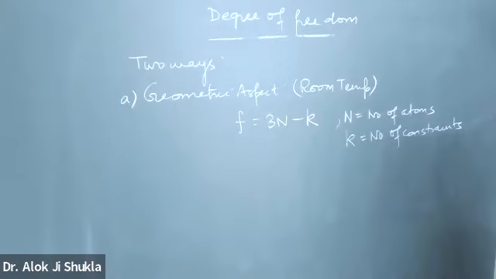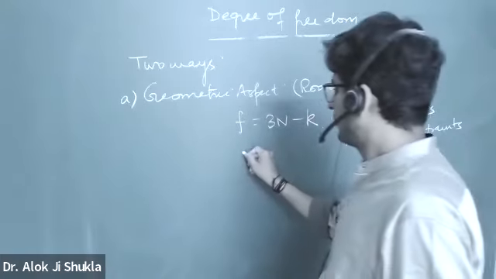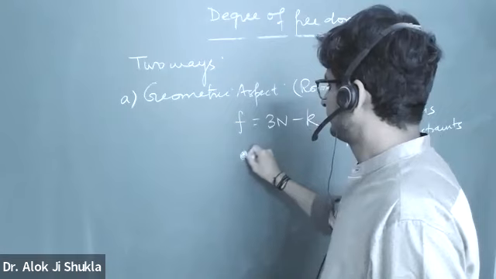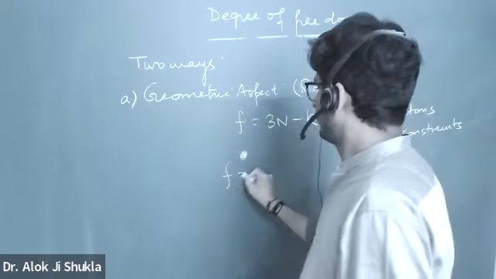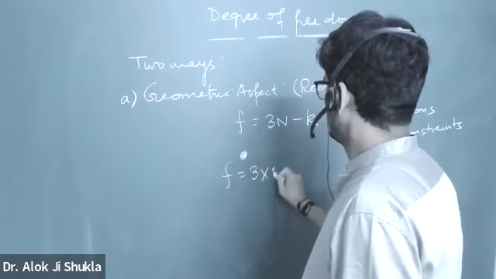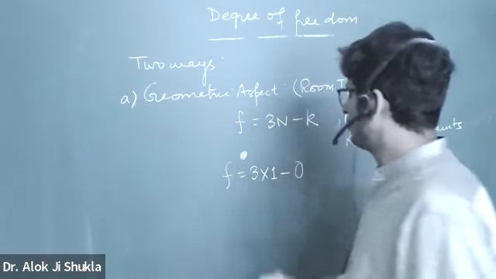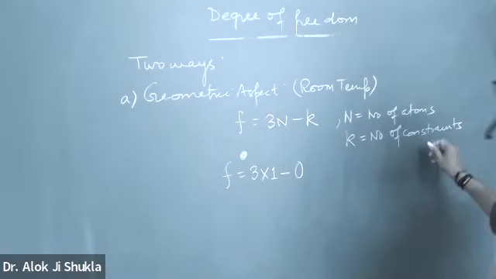So if you have only one atom, F is equal to 3 into 1 minus no constraint. Constraint means restrictions.